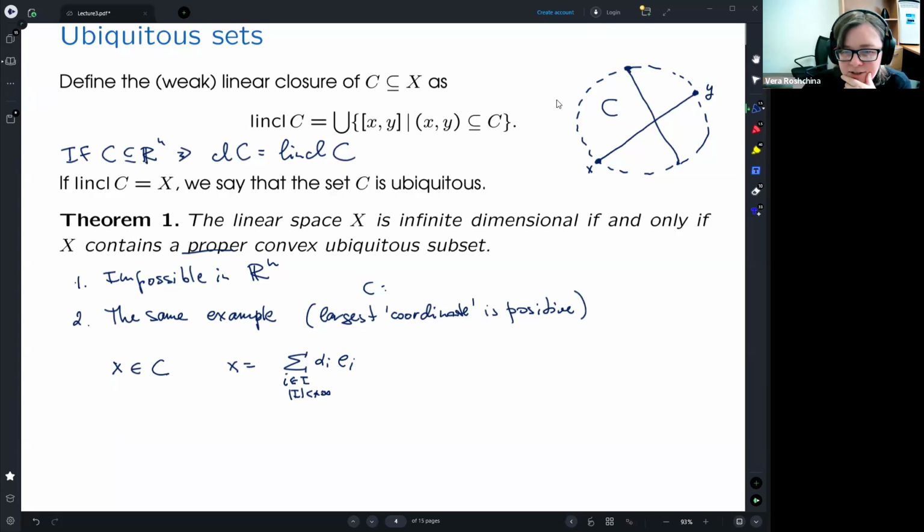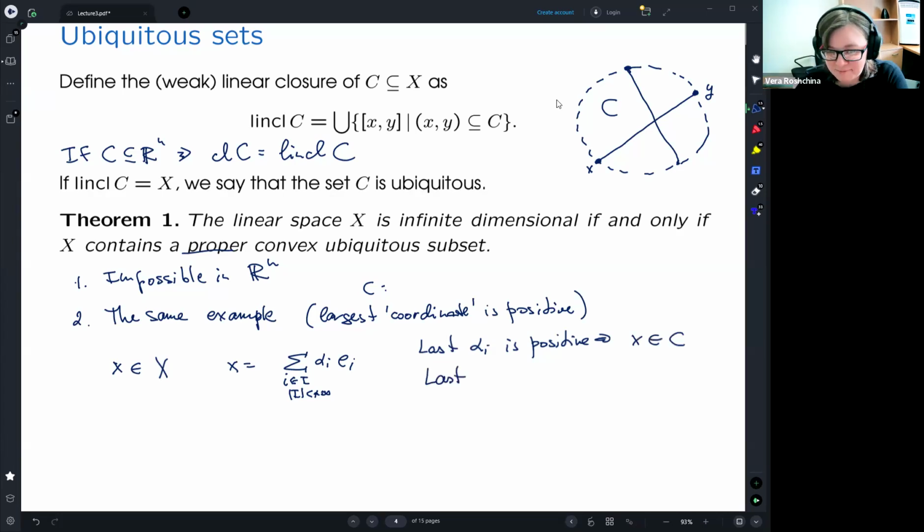Sorry, I need to show it's ubiquitous. So let's take x in the whole space and write the representation of x. If the last element here has a positive coordinate, so the last alpha_i is positive, then x is in C. Of course, it can be either positive or negative, because zero doesn't feature in this representation. Now suppose alpha_i is negative.